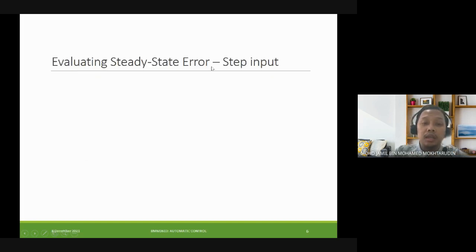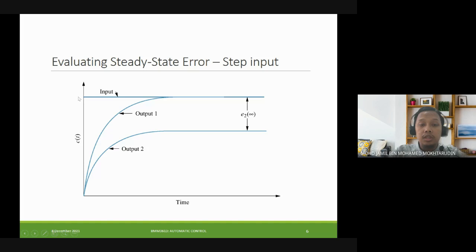Okay, so let's look at an example of steady state error when you have a step input. Usually a step input will have the value shown here, the straight blue line, the top one. This is the final steady state value that the system should achieve. And your output can be either output 1 here or output number 2.